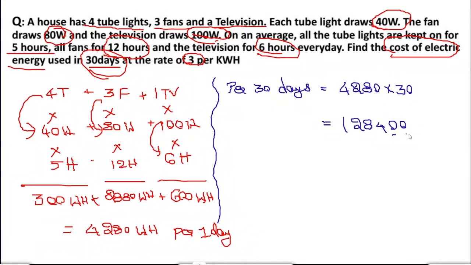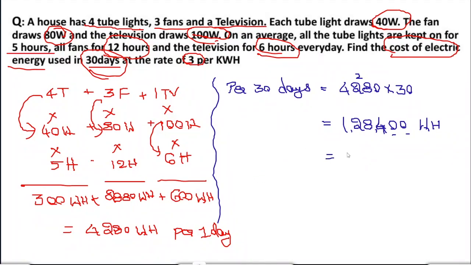Two zeros I have written, and 3 eights are 24, so 4 here and 2 here. 3 twos are 6 plus 2 is 8, and 3 fours are 12.